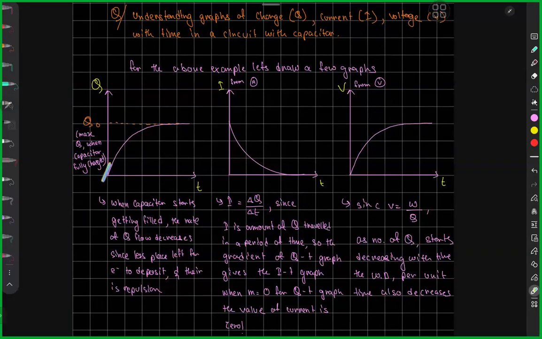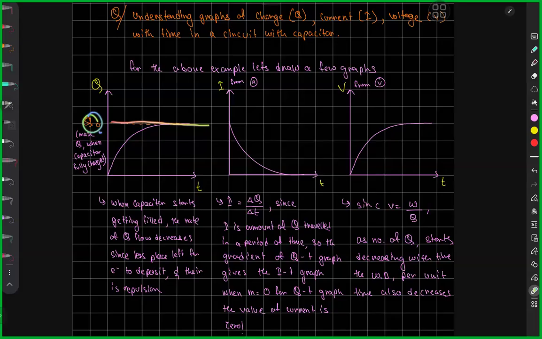Initially, the charge is 0. That's the first thing. Buildup of charge is 0. And as time proceeds, the rate of charge buildup decreases. And the total charge buildup plateaus to a value Q naught.